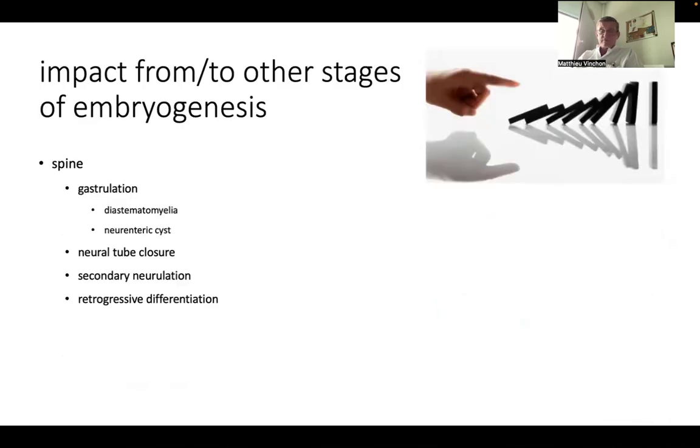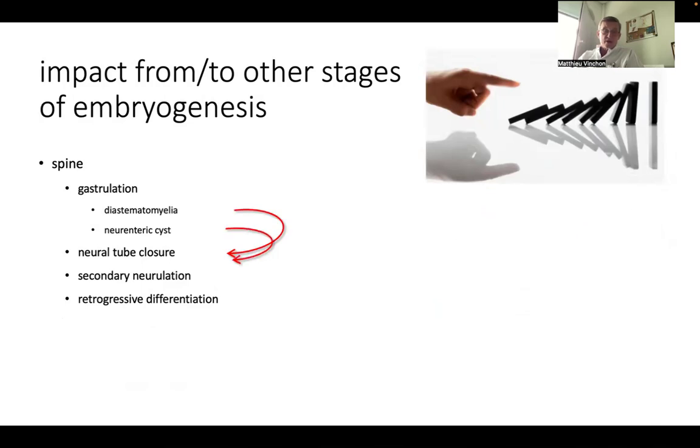But we have spoken about the primary neurulation, but the fistula can be associated with anomalies of the gastrulation, because there is a domino effect from one stage of the embryogenesis to the next. And in case of diastematomyelia or neurenteric cysts, you can have an impact on the neural tube closure.